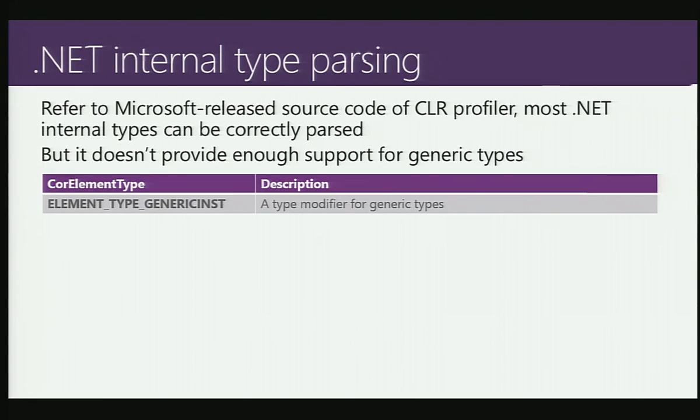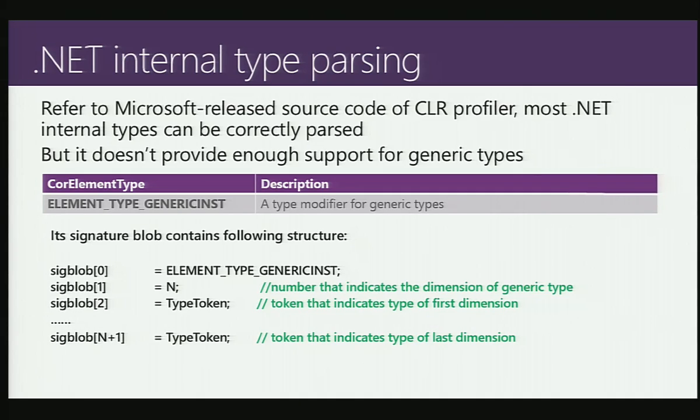If you look at that source code, you will find that there is a phase that gets a signature blob from the .NET internal data, and then parses the function's types through this signature blob. I found that for the generic type, the signature blob first comes with a value of enumeration type, which is ELEMENT_TYPE_GENERICINST.